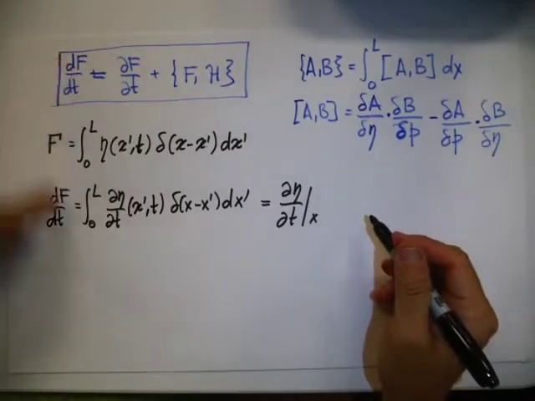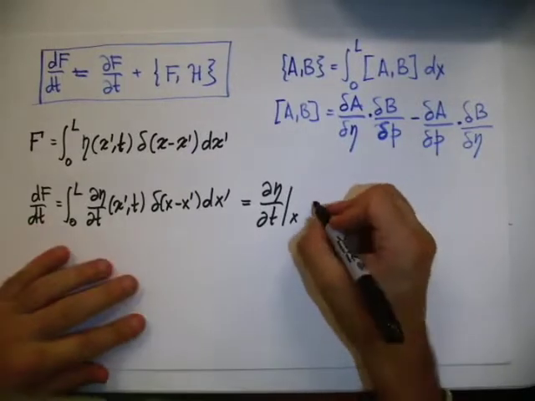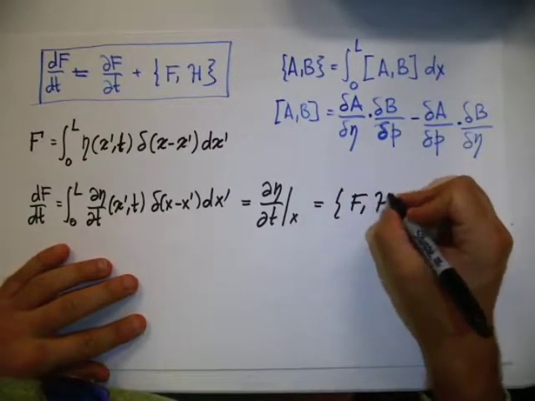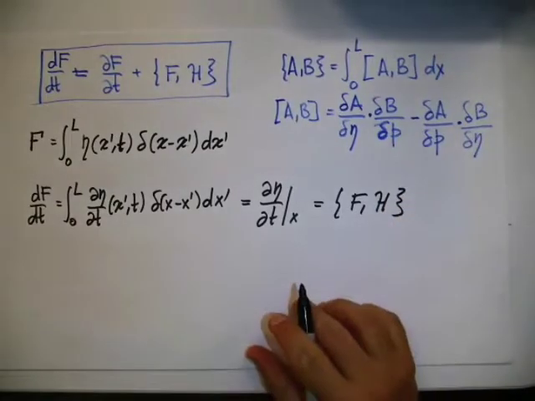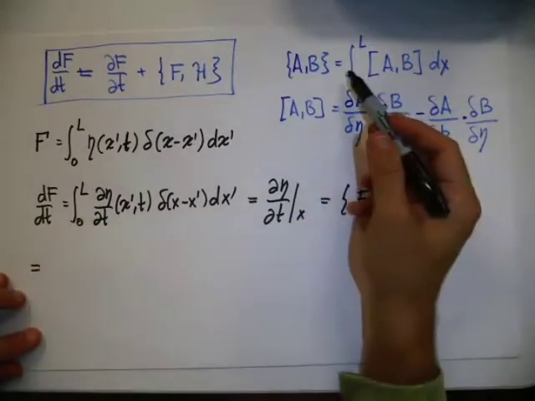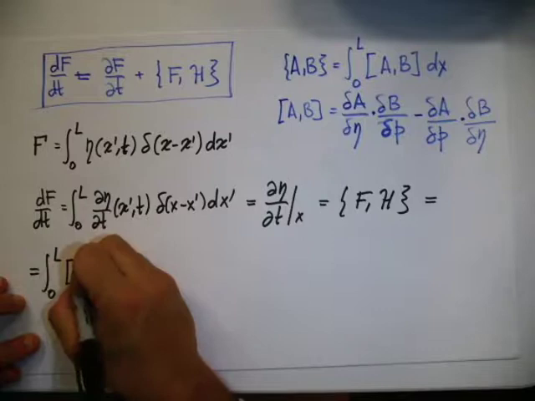Now let's compute the brackets. This total has to be equal to the bracket between f and h. But this is equal to the integral between 0 and L of the bracket between f and h in dx.